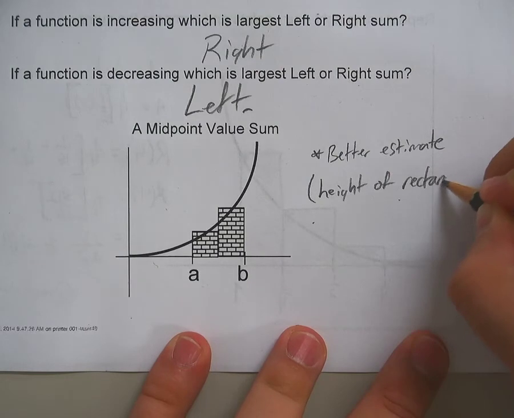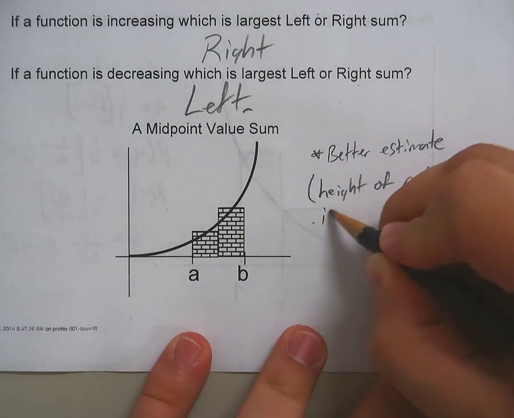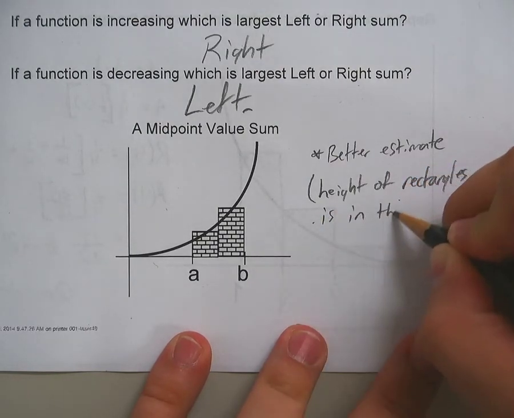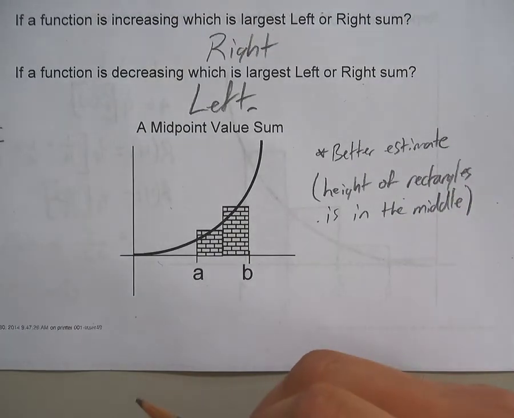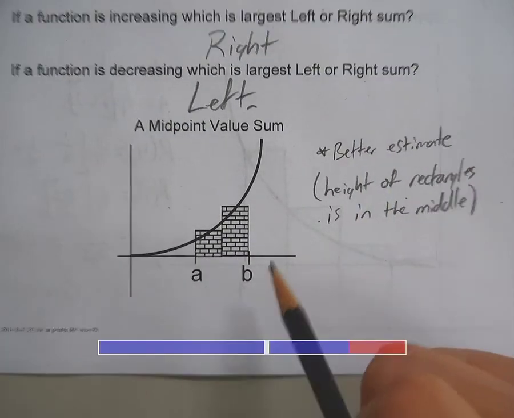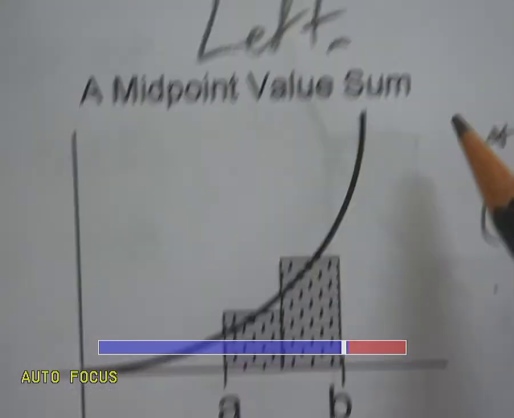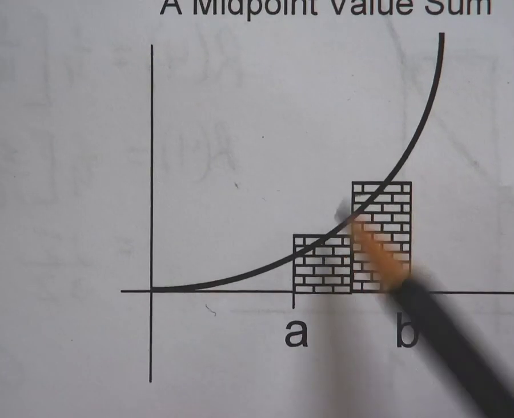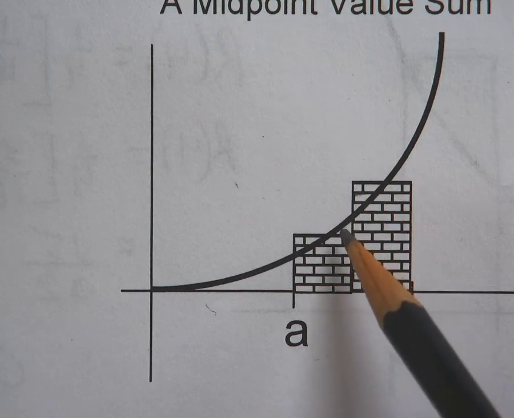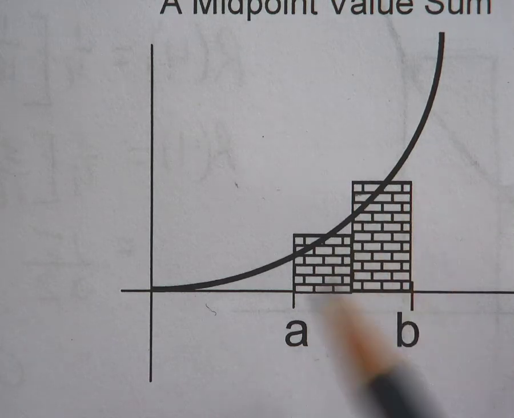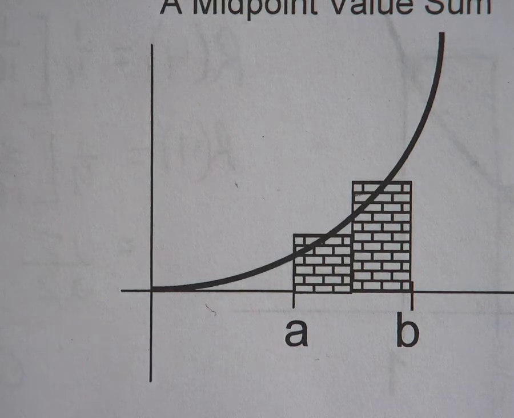The height of the rectangles is in the middle. So the reason why this is a better estimate, let me zoom in, you've got some overestimate right here, you've got some underestimate right here. So this is going to be your best bet at getting a really accurate area.